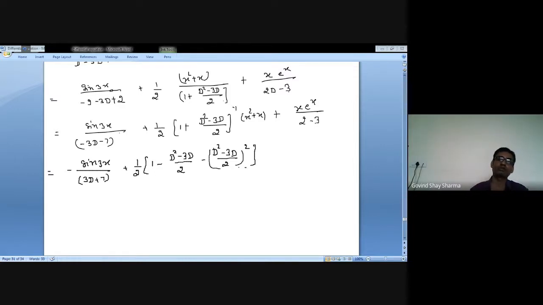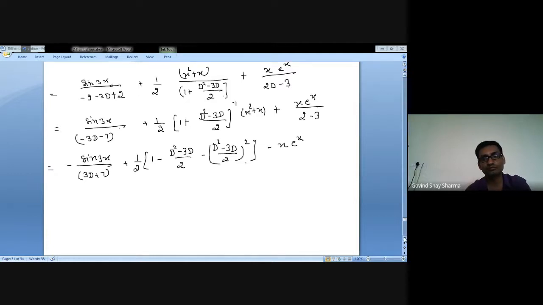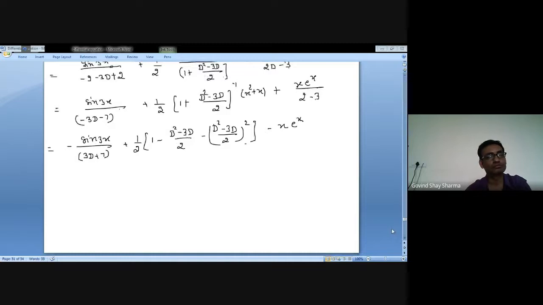Expand it till here because here the maximum power of x is x square. This is the first term.